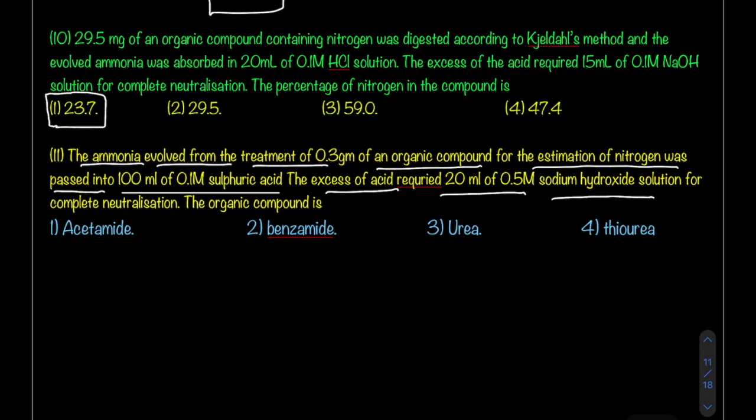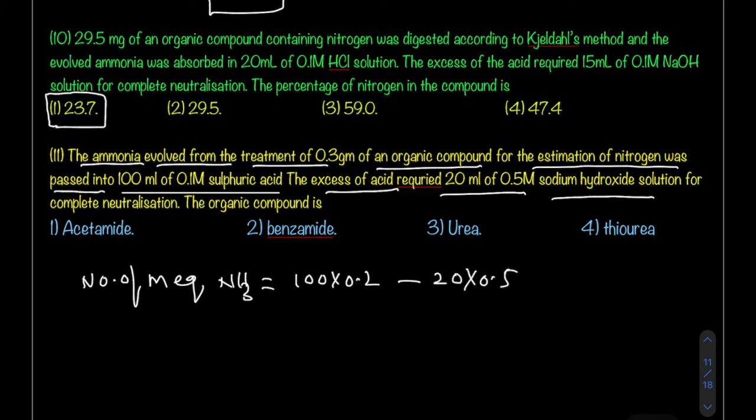That means this will be excess of sulfuric acid. So I am writing directly: number of milli equivalents of ammonia is equal to number of milli equivalents of acid, 100 into 0.2, minus that of base, 20 into 0.5, so 20 minus 10, that will be 10.